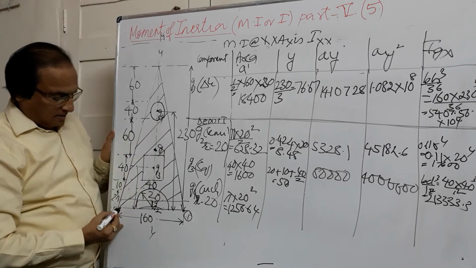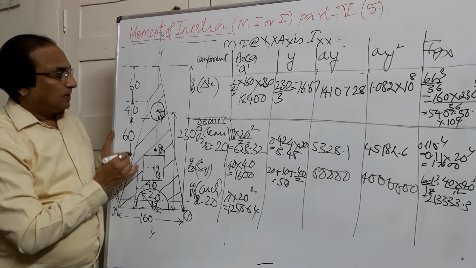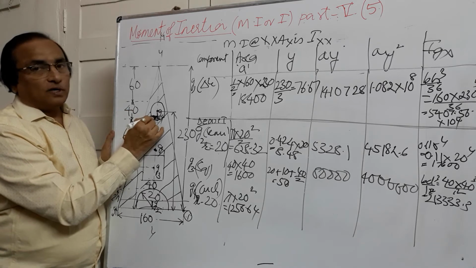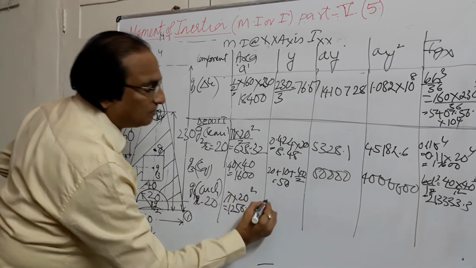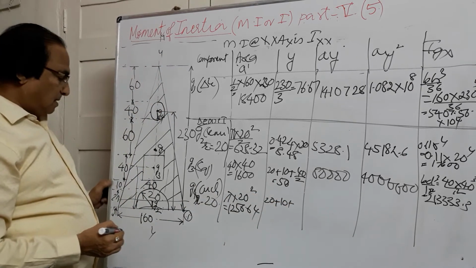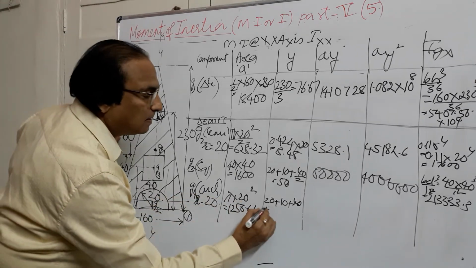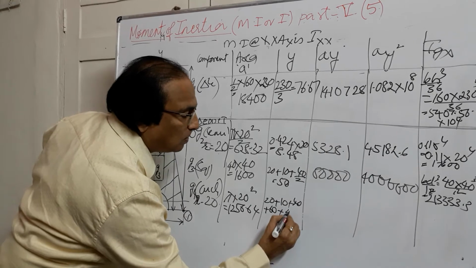So how much will be this distance from here? Go on adding 20 plus 10 plus 40 plus 60 plus this radius, half of 20. So that is the distance of the center from the bottom. So let me add 20 plus 10 plus 40 plus 60 plus 40 by 2.